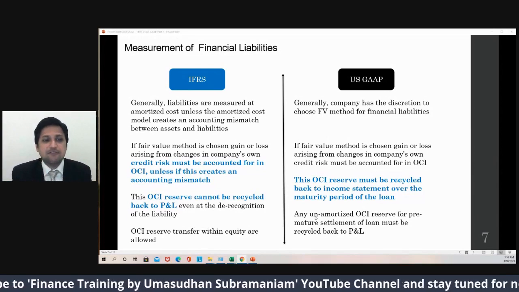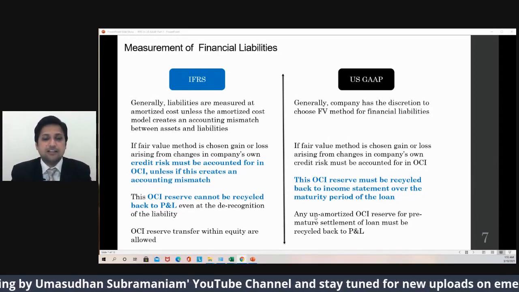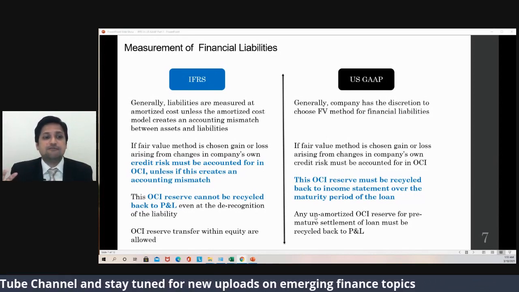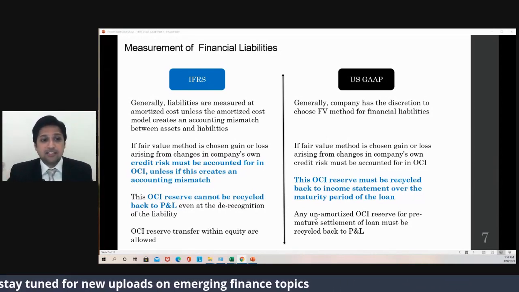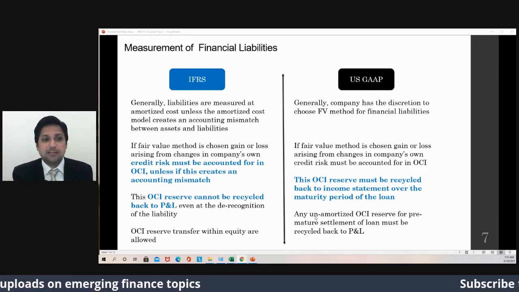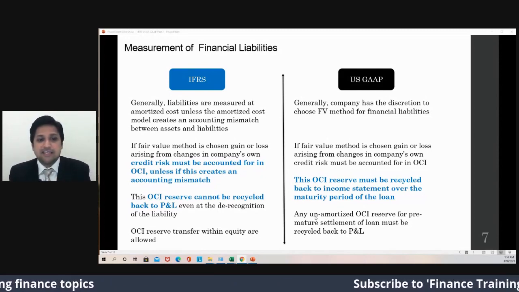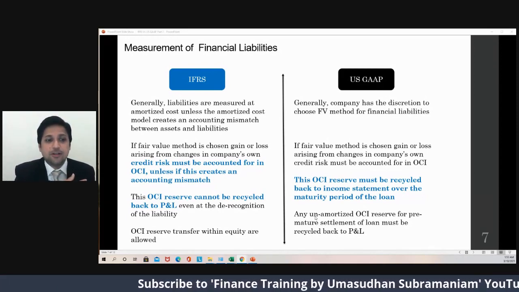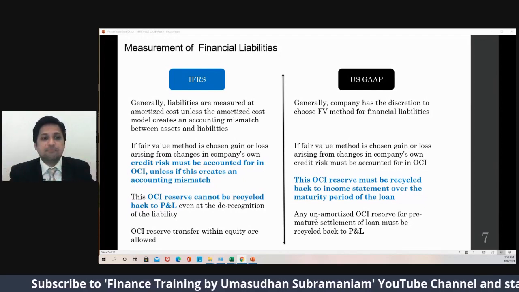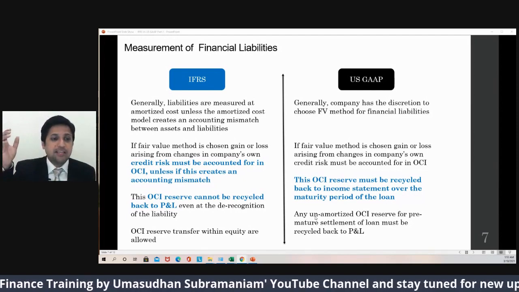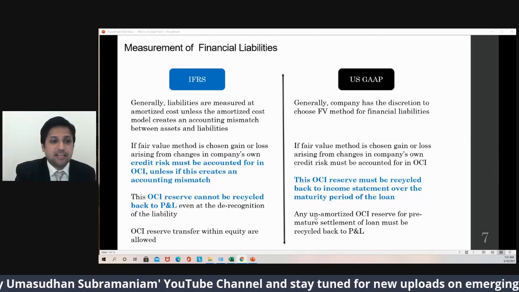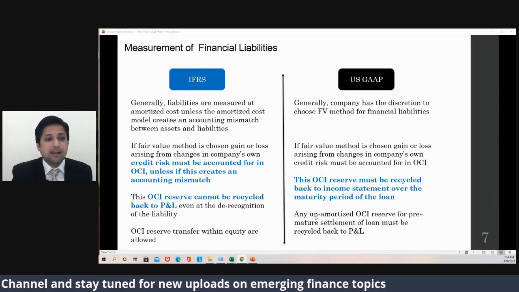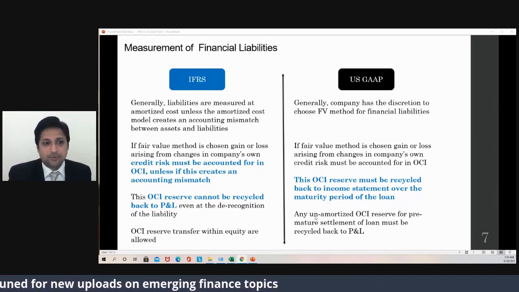And this is a key difference between IFRS and US GAAP, where IFRS says the OCI reserves pertaining to financial liabilities must not be reclassified, but US GAAP says the OCI reserves need to be reclassified back to the income statement over the maturity period, or at the date of settlement when it comes to a premature repayment of the loan.